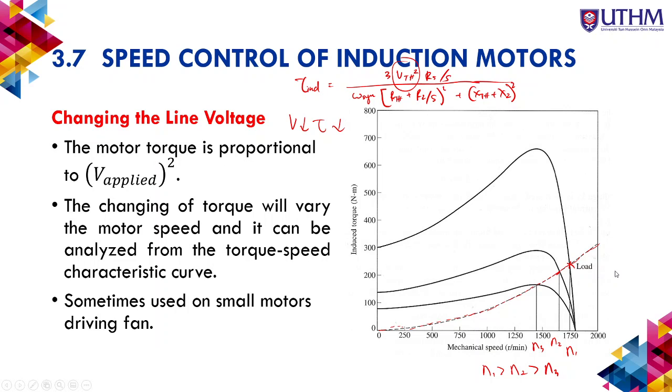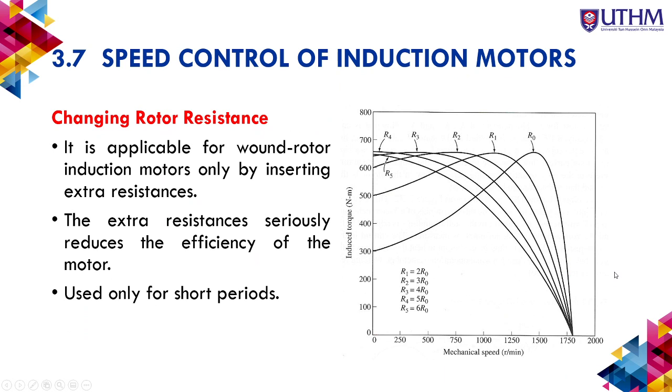Then we move to controlling the motor by changing the rotor resistance. I believe I touched on this before. You can see from the slip S that the slip is directly proportional to R2.